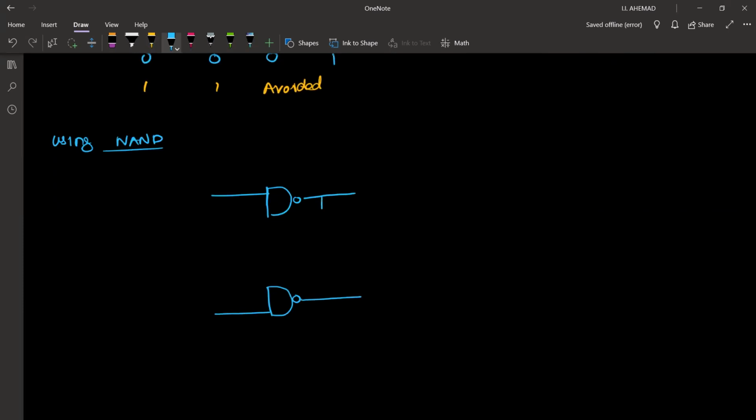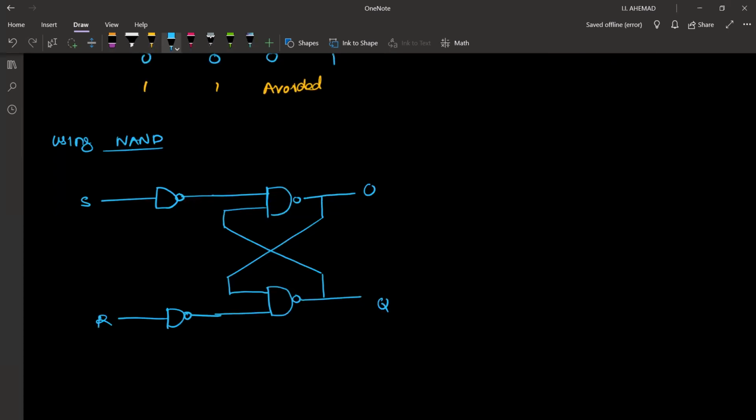Connect the output of this to the input of the other. And here we will need a NOT gate. So we can construct a NOT gate using NAND gate, right? By taking only one input. So now it's a NOT gate. So this is set, reset, Q, and Q bar.